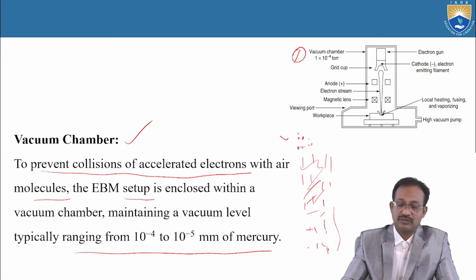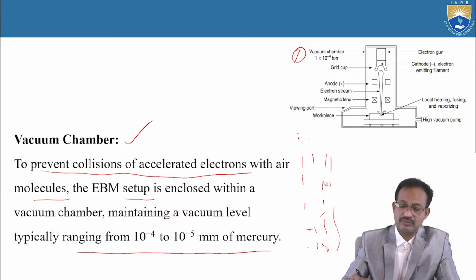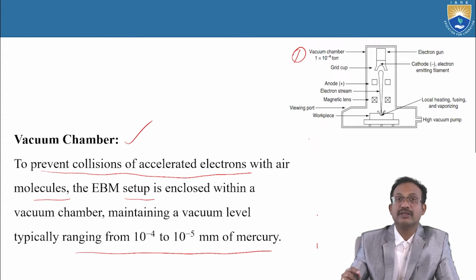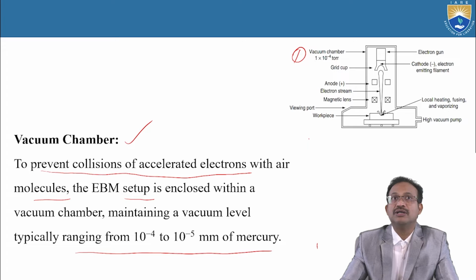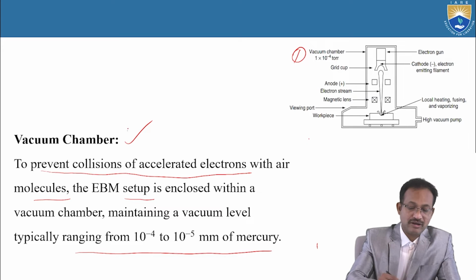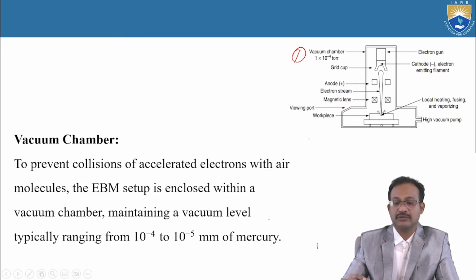But we have set up a vacuum chamber with a vacuum ranging from 10 power minus 4 to 10 power minus 5 mm of mercury to prevent the collision of accelerated electrons.